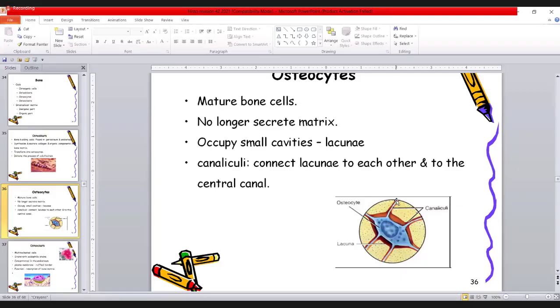Okay. Third, what is the third cell type? It is the osteoclast, which I suppose everybody knows. Describe osteoclast. How many nuclei in osteoclast?